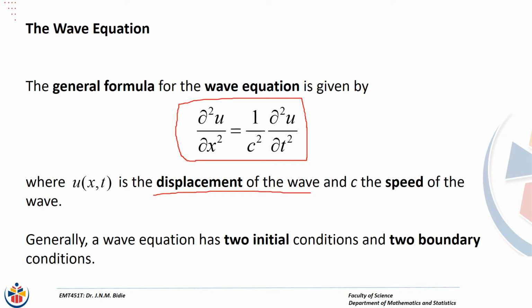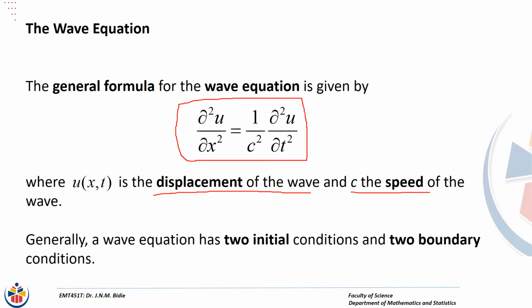Remember, we're looking at a vibrating stretched string, so we're looking at waves. Therefore, we have to know the displacement of each wave, also the speed, which is given by c, the speed of the wave. Why is that?